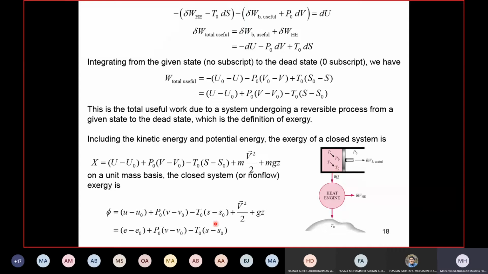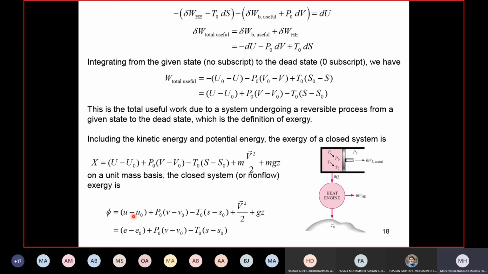So you go to the table again, but this time at P naught and T naught, where P naught is 100 kilopascal and T naught is 25 degrees centigrade. So now you get U minus U naught. The physical meaning of that is that we let this system expand to P naught and T naught and see how much exergy, how much work we get. So this is this part of it, U minus U naught.